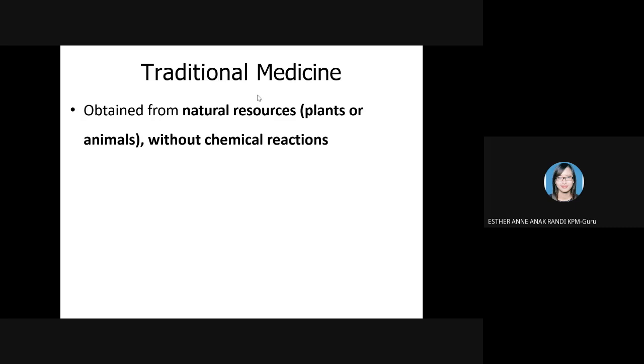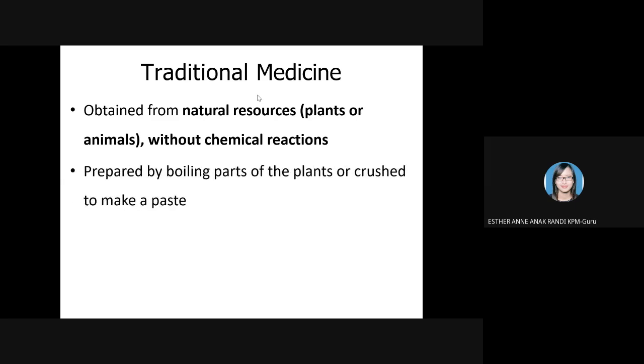Ever heard of, bahasa Inggeris saya tak pasti, gamat, pernah dengar tak? Minyak gamat. Gamat is actually an animal. It is a sea animal lah. Gamat is an example of an animal used in traditional medicine.